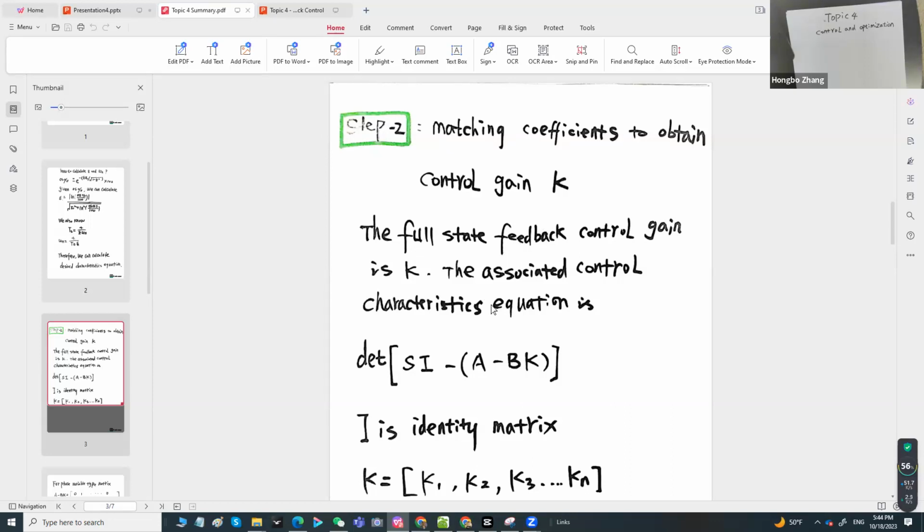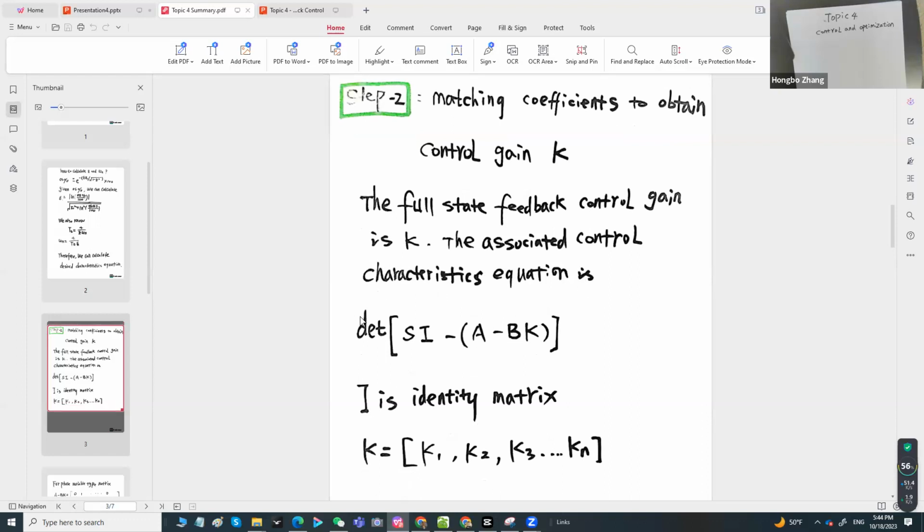Yes, you can solve your control system characteristic equation, right? As long as you solve the control characteristic equation, then you can just match it, right? By matching it, you can solve K, right? Because we know the control gain is K, right? K1, K2, K3, K4.